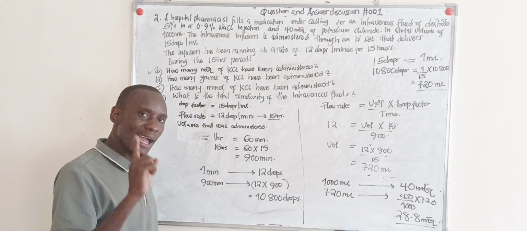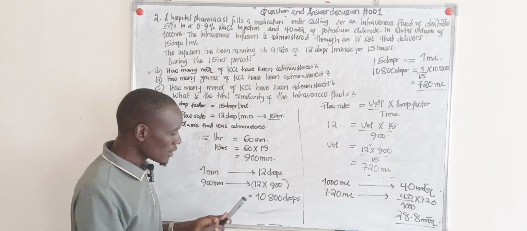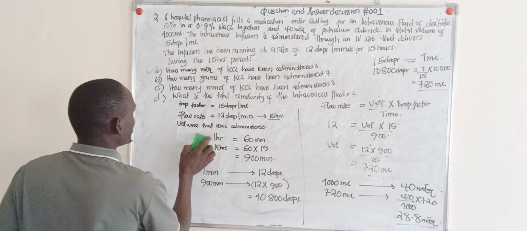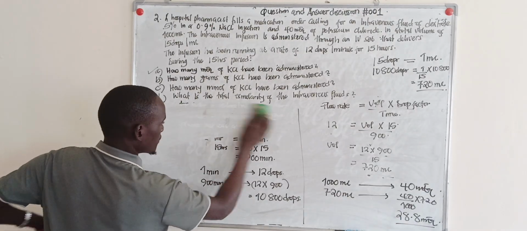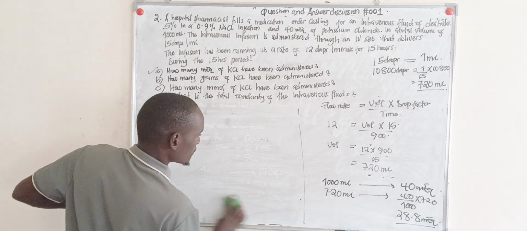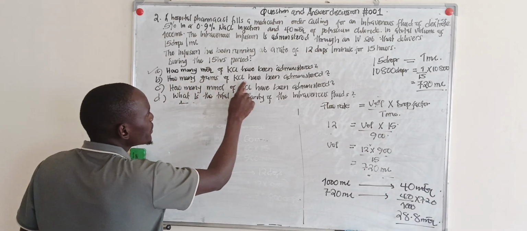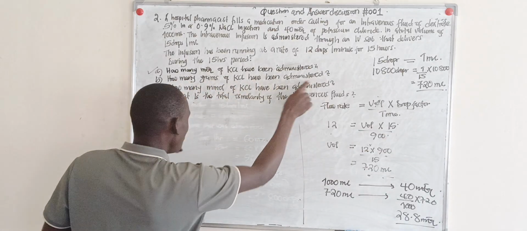I hope you are at the same pace with me. Let's look at our next Roman. They're asking how many milligrams, how many grams of potassium chloride have been administered.